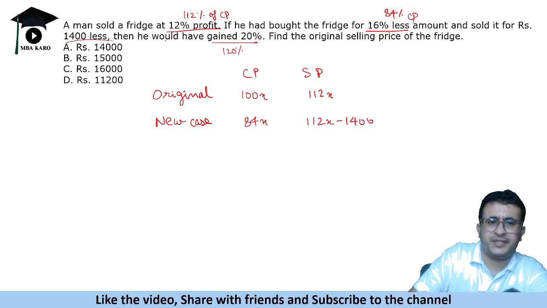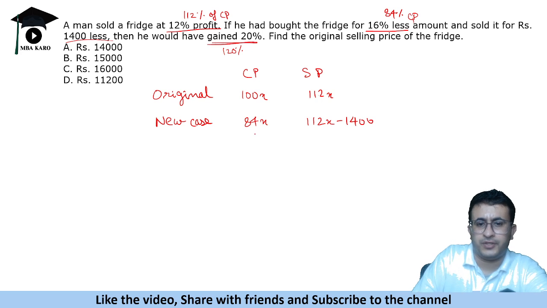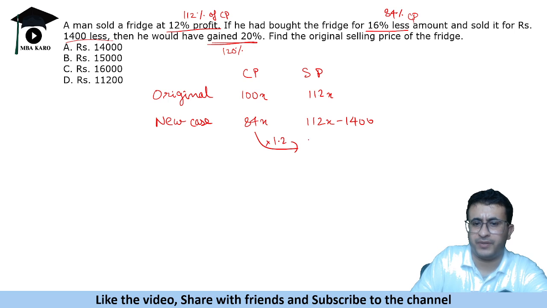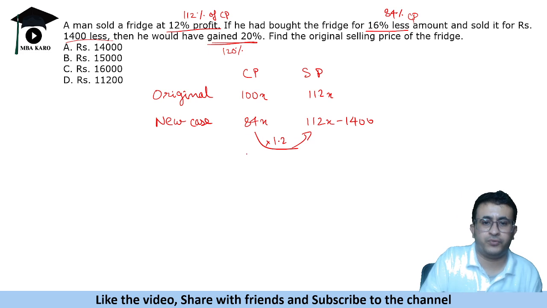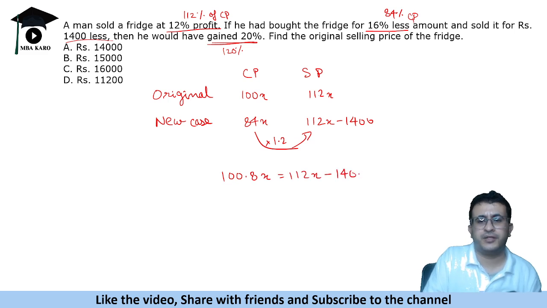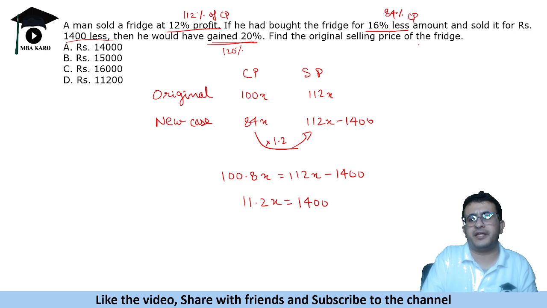It is given that he would gain 20%, so 1.2 times 84 should be this. 84 into 1.2 is 100.8. So 100.8x is equal to 112x minus 1400. So we get 11.2x is 1400.